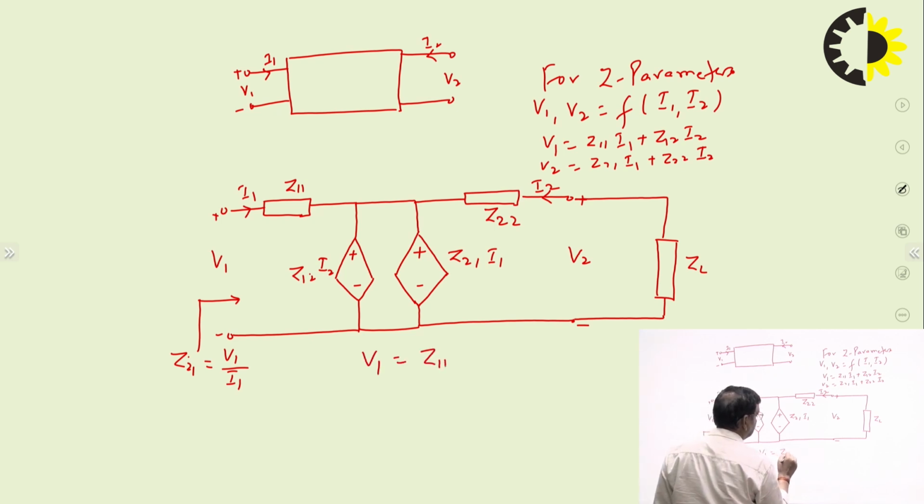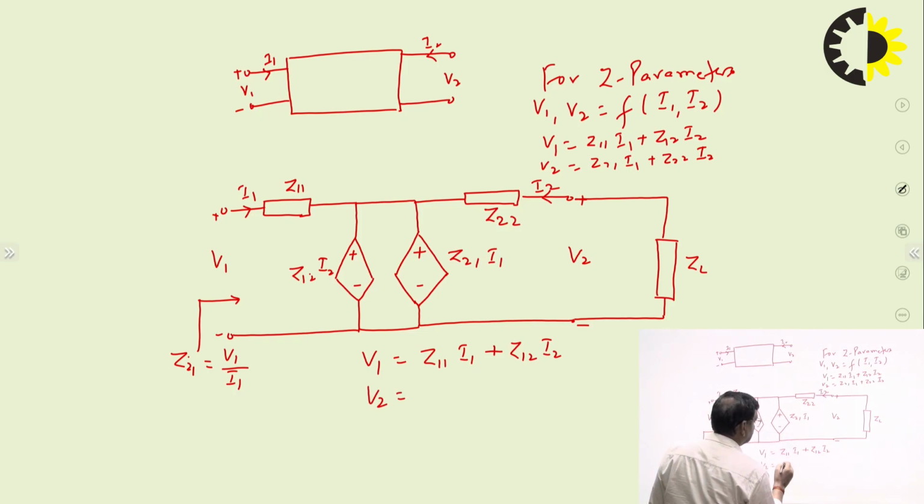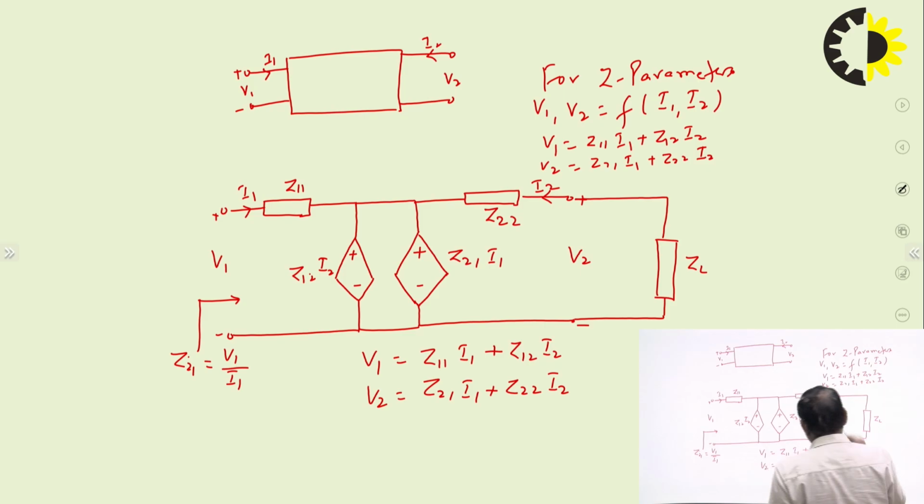So V1 is Z11 I1 plus Z12 I2, and V2 is Z21 I1 plus Z22 I2. This is the Z parameters. And in addition, V2 is the voltage across this ZL, and V2 is also minus I2 into ZL.